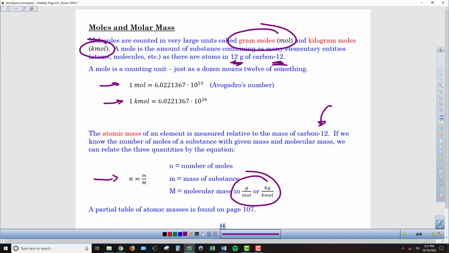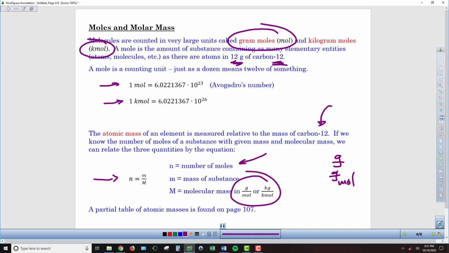So we've got the number of moles, n, is going to be equal to the mass of the substance divided by its molecular mass. If we think of that from a units perspective, the mass of the substance, let's say, is going to be in grams. The molecular mass then in the denominator would be in grams per mole. So in this circumstance, our grams would cancel each other out, and then the moles in the denominator of the denominator would move up into the numerator, which matches up with what our n variable should be.